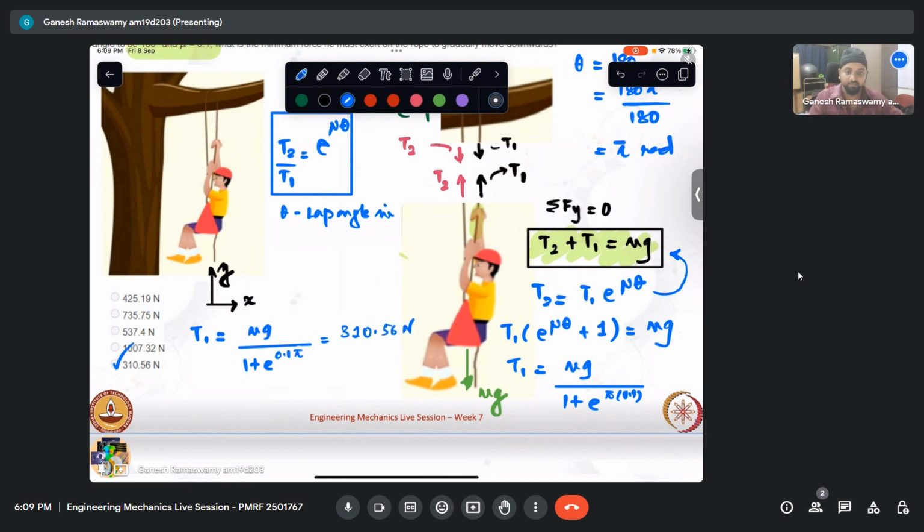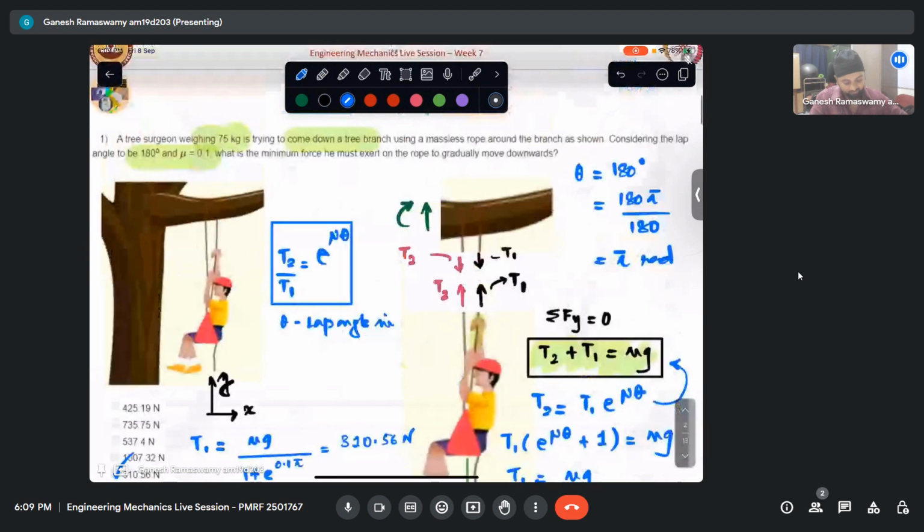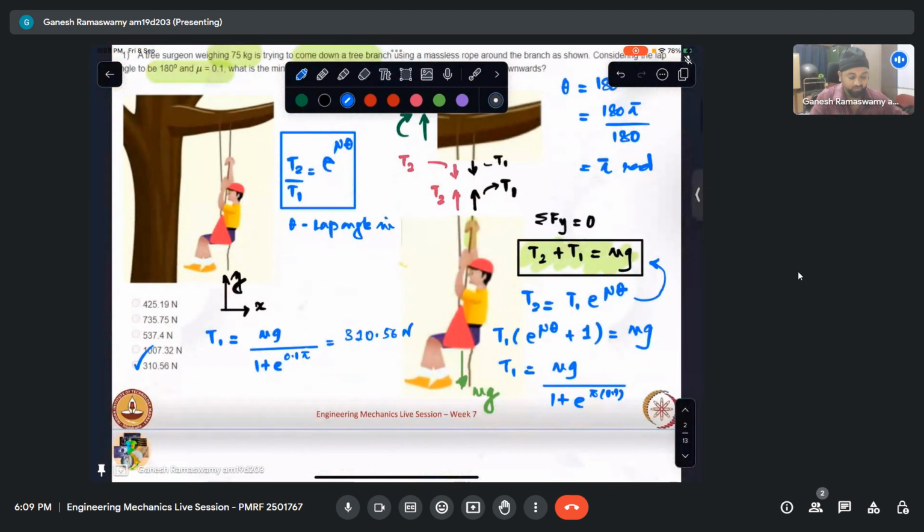This is the minimum force the person has to apply in order to prevent falling, which comes to around 30 kgs. Very well. So this is one example of belt friction which we saw.